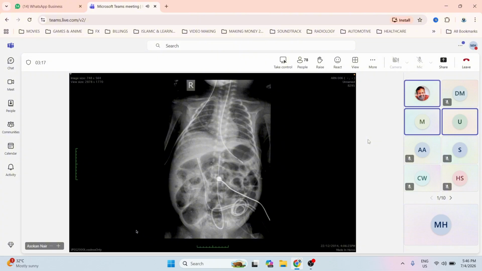And what do you think? I think it's a prem baby because of the humeral head is not visualized. Okay, so this is a prem, right? Okay, so your diagnosis is NEC with aeropotia. What is this?